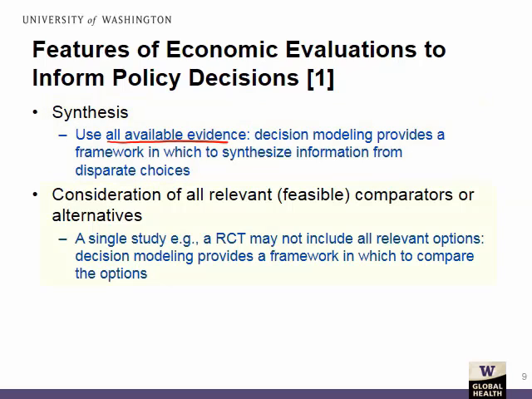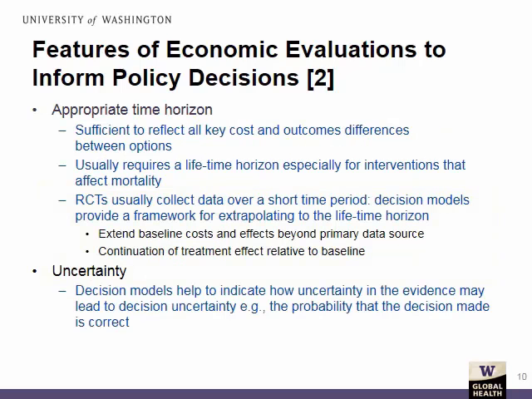The other thing is that modeling allows you to consider all relevant or feasible comparators. And a single study, like a randomized controlled trial, may not include all the relevant options. But if you build a model, you can then include all the possible or feasible comparators. The other advantage of models is that they can be used to expand the time horizon.